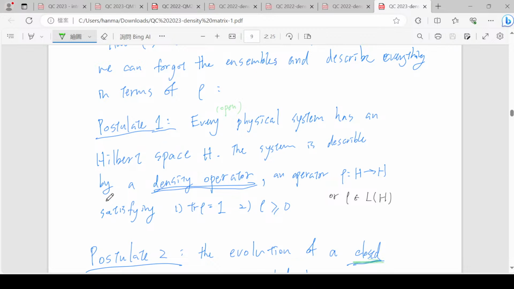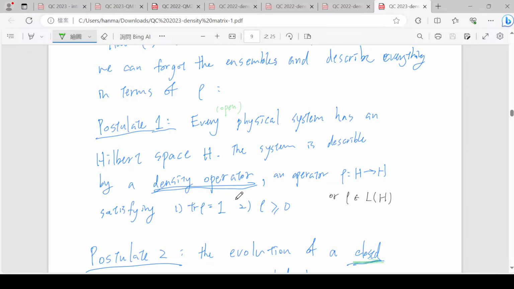The other way we'll write this is to say rho is in the space of linear operators on H. Anyway, rho will satisfy two things: trace of rho equals 1, and rho is PSD, which we write as rho greater or equal to 0, meaning all the eigenvalues are greater or equal to 0.